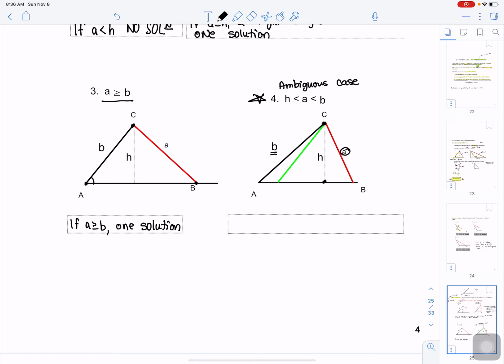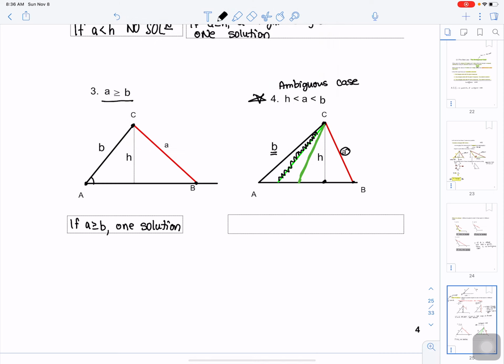It can swing into this position in red where it's this length, or it can swing into this position in green where this is my side A. Now this side in green is swung a little bit too far, so this would be that other side A, and we would just get rid of this little piece that's right here.